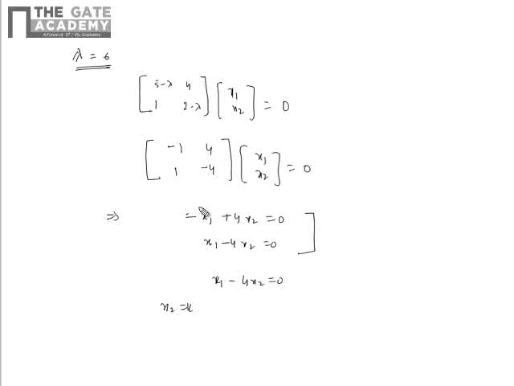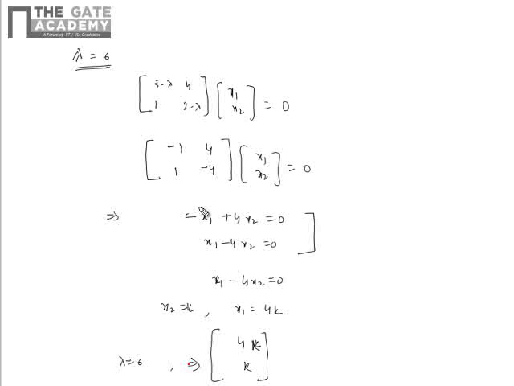We take x2 as k, so x1 will be 4k. Therefore the eigenvectors would be 4k and k. This is the standard form of the eigenvector for lambda is equal to 6. If you put k equal to 1, then 4, 1 is an eigenvector. If you take k equal to 2, then 8, 2 is an eigenvector. All those are eigenvectors.